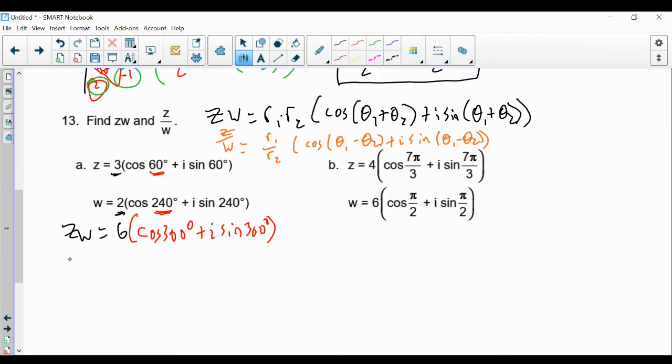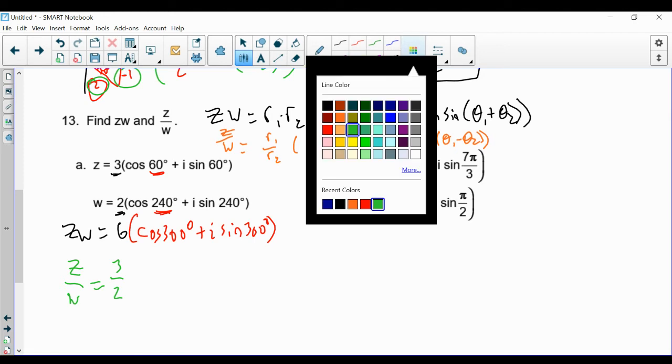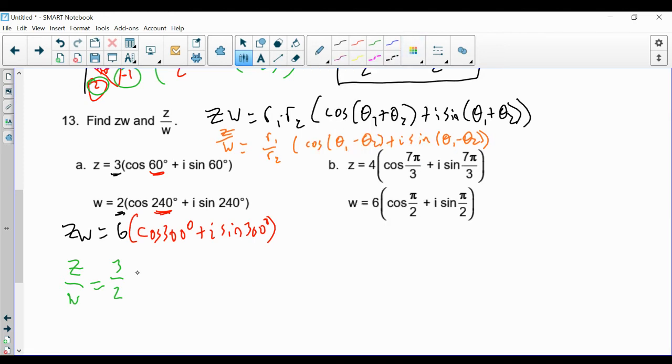All right, so the other thing it does ask us to do is z divided by w. So take your r's, divide them, 3 divided by 2, and just leave it alone. And then cosine, and we subtract the angles. It's okay to get a negative angle.